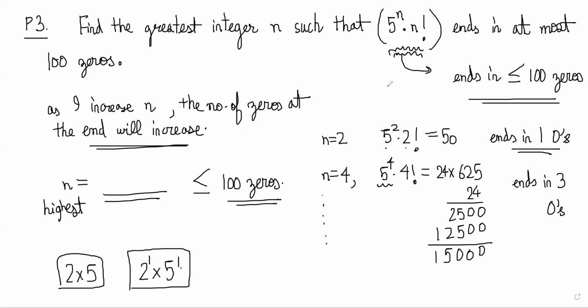The lower of the two will be the number of zeros. If the number of twos was 200 and the number of fives is 150, then there will be 150 zeros. I hope you understand what I'm saying. You have to tell me if there is any doubt.